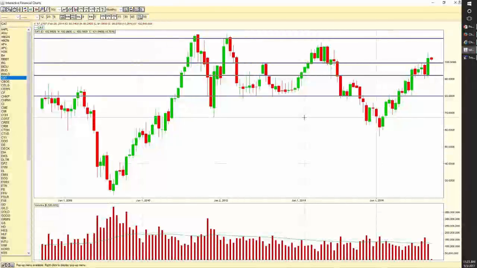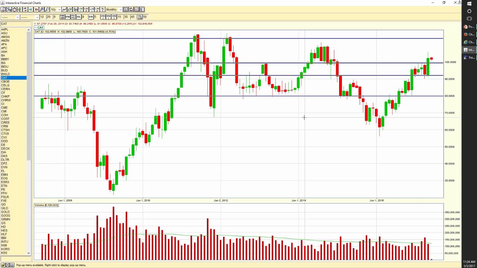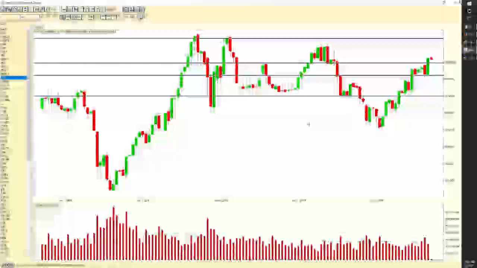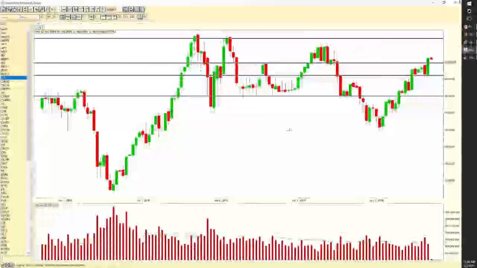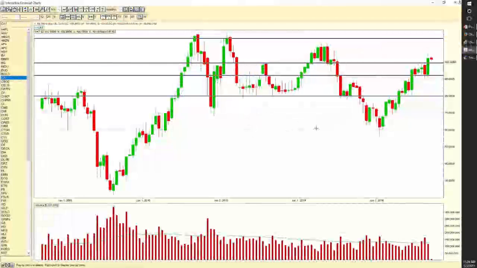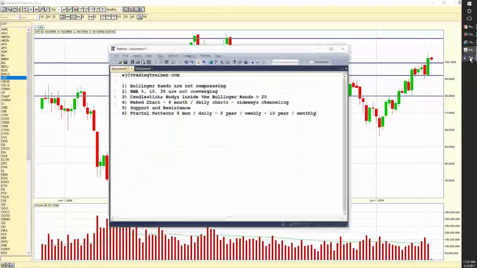Has it been doing that for the last 10 years? Has it been doing it for the last 2 years? Just like with people, how they do anything is how they do everything, right? All right. So fractal patterns is something I like to take a look at.